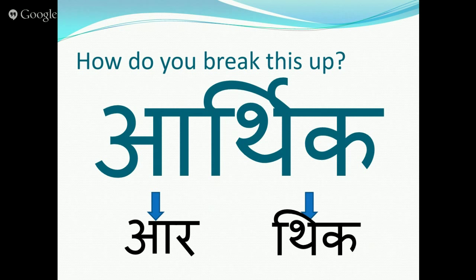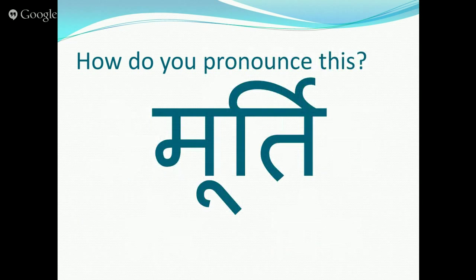Second syllable, tik. So the principles still remain the same. The r is to the far right of that syllable. What is that syllable? Tik. And so we break it right where the conjunct is when we pronounce it. Ar, tik. How do we pronounce this?